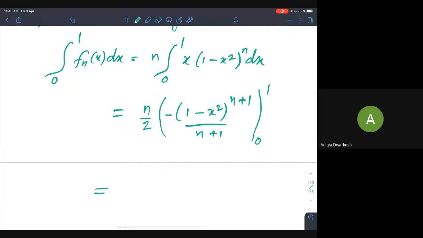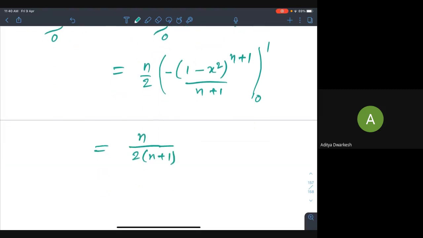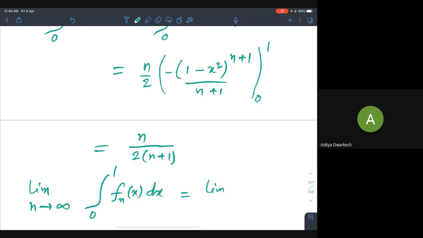Which means at 1 it is 0, so at 0 the minus sign goes away, n by 2 times (n plus 1) remains. So the limit as n tends to infinity of the integral from 0 to 1 of f_n(x) dx is the limit as n tends to infinity of n by 2 times (n plus 1).